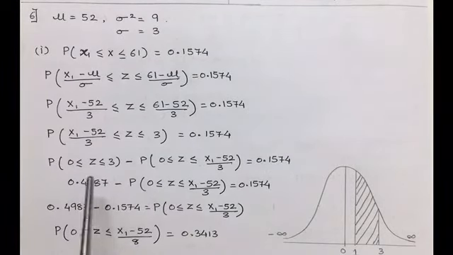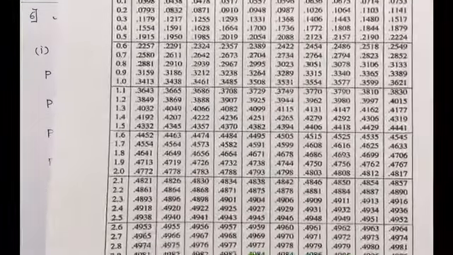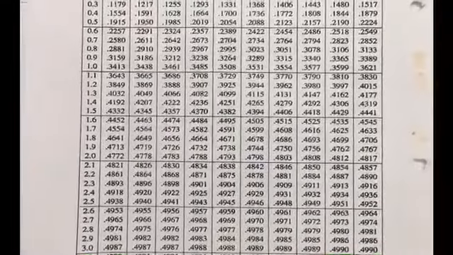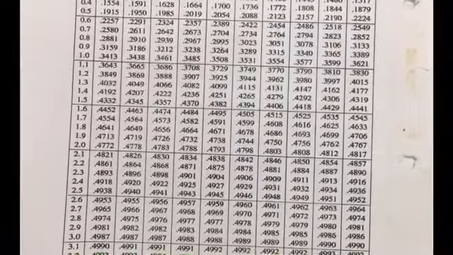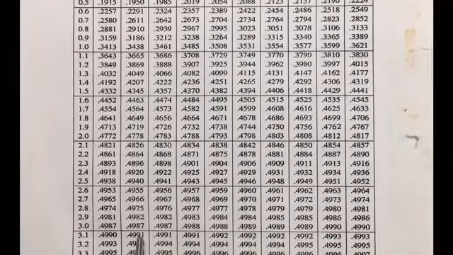Seeing the probability of 3 from the table, it gives the value as 0.4987.